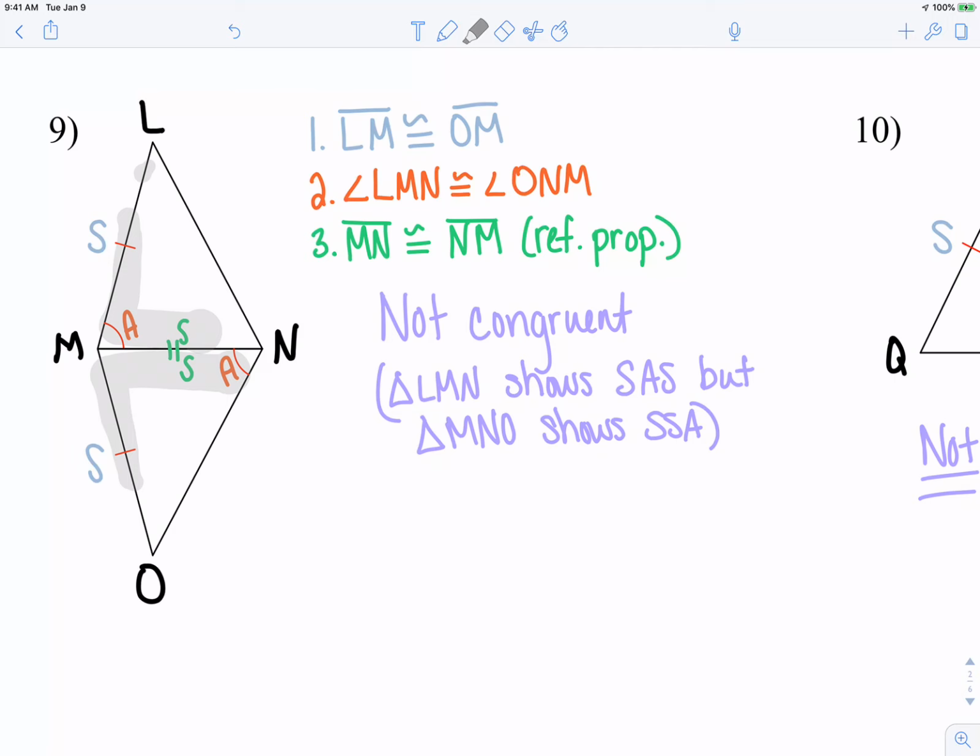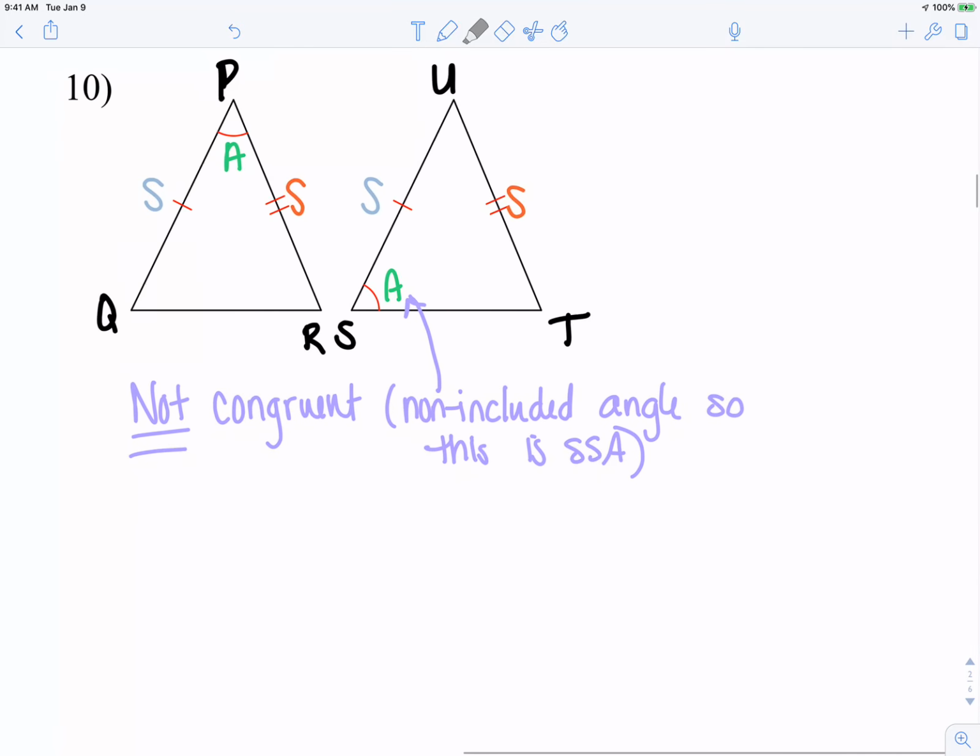The bottom triangle is not showing side angle side. And if you're a little bit confused about that, just try to transform that top triangle to land on the bottom triangle, and you'll see that you won't get the angles to land on top of each other because it kind of looks like you could just flip it over MN, but then the A's don't land on top of each other. So that is a non-congruent pair of triangles.